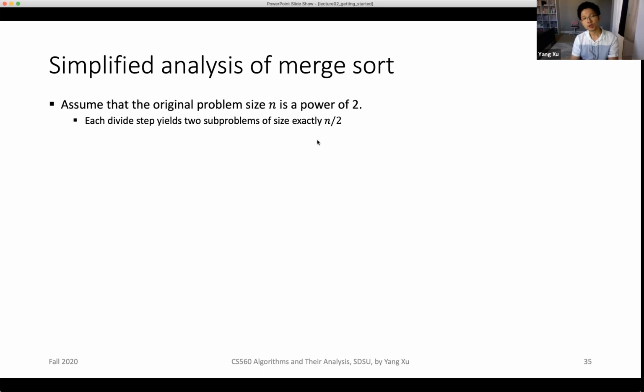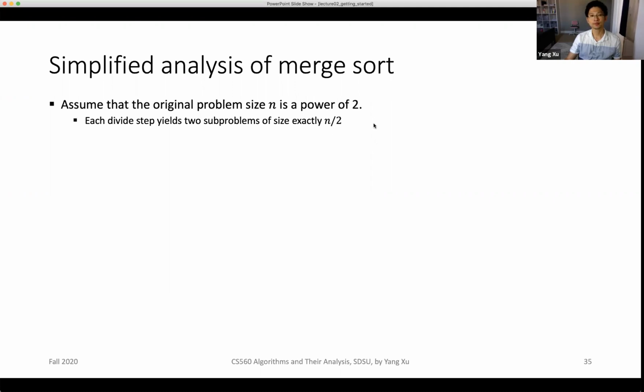We'll do some simplification here. We assume the original problem size is n. We assume that it is divisible by 2, which makes our analysis easier. And we assume that n is a power of 2, so each divide will result in 2 subproblems of exactly n/2 size.